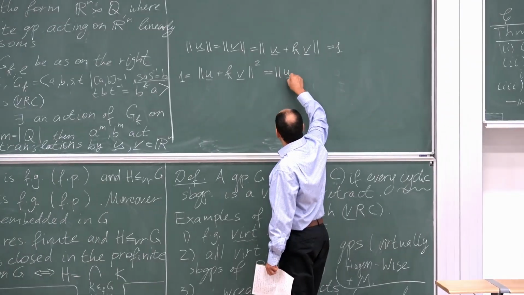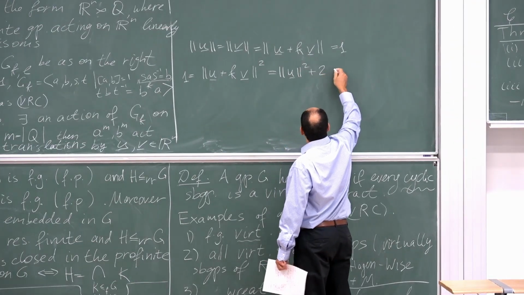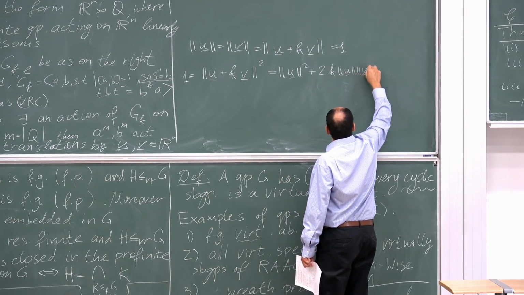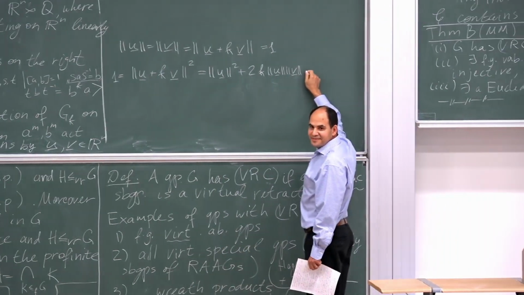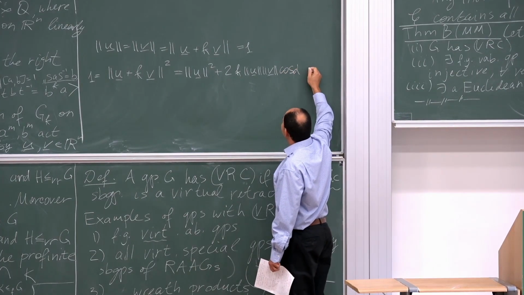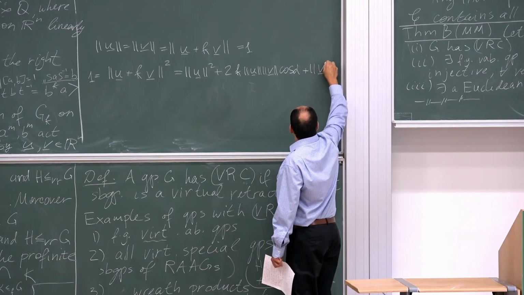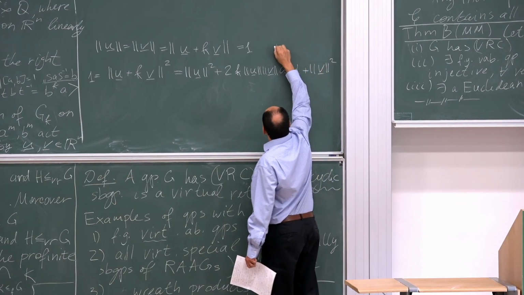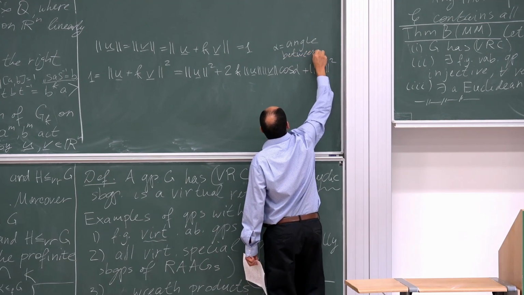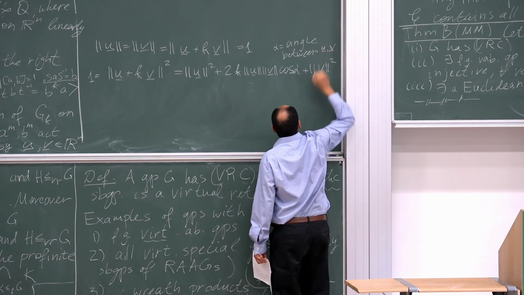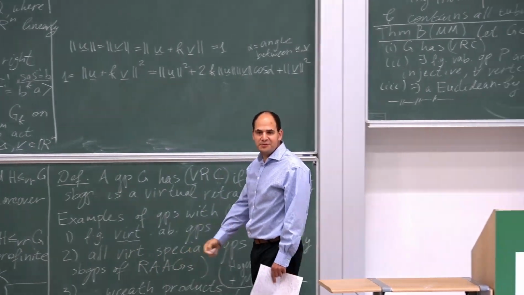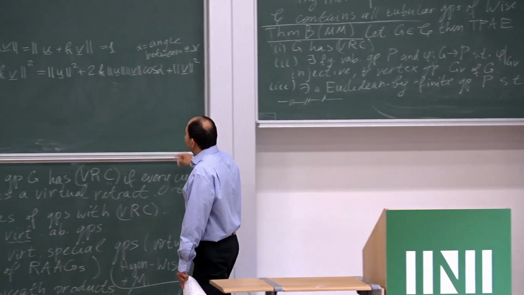This is the norm of U squared plus 2k norm of U, norm of V times cos alpha, where alpha is the angle, right? Theorem of cosines, which I prove in my linear algebra using vectors. Great. But these are all 1, remember?